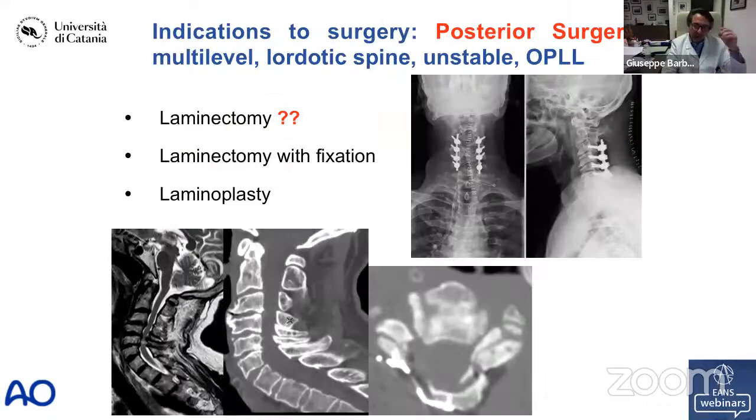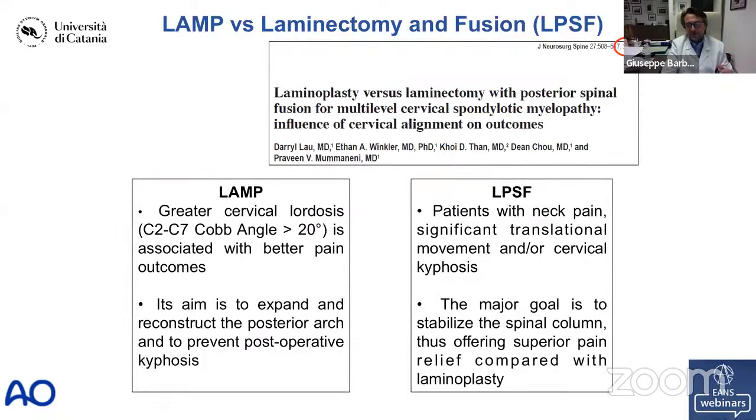When we move to posterior approaches, then things change again, and Mark already gave us some information. The key point is, shall we use simple laminectomies? Shall we use laminoplasties or laminectomy and fusion, posterior fusion? This is another interesting paper.